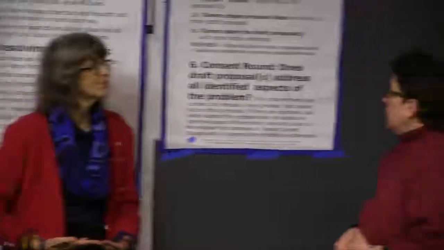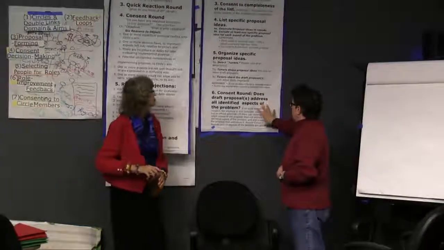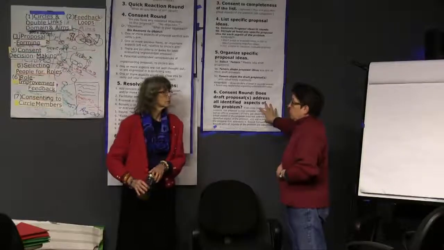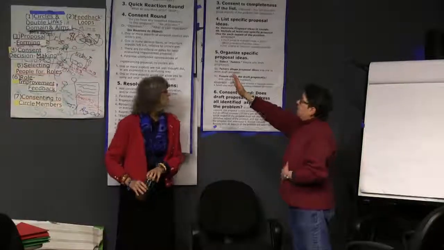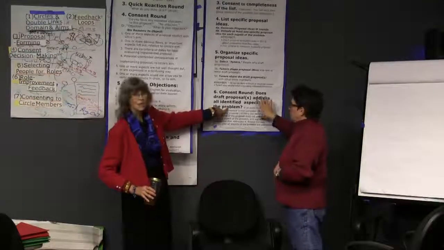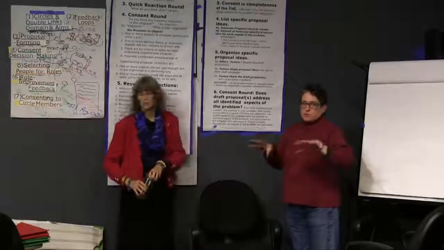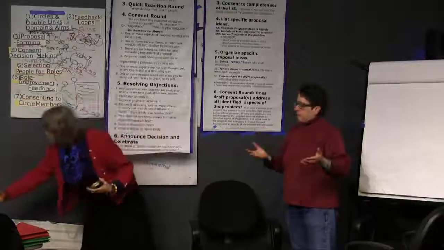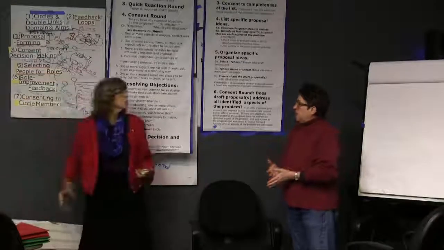Yeah, I want to make sure that I understand in the proposal forming process, is there a separate consent round where the circle says, okay, the proposal is now ready to go through the consent decision making process? Is that what this is? That's what this is supposed to mean. So everybody looks at the proposal and says, okay, it's ready to be consented to.